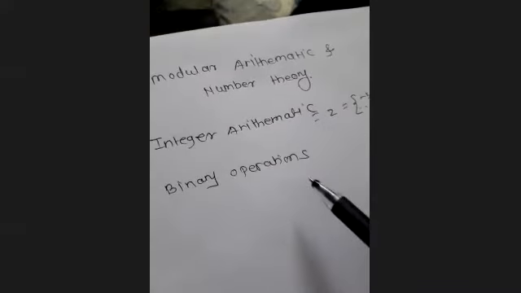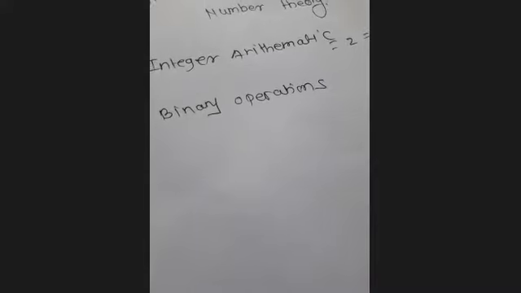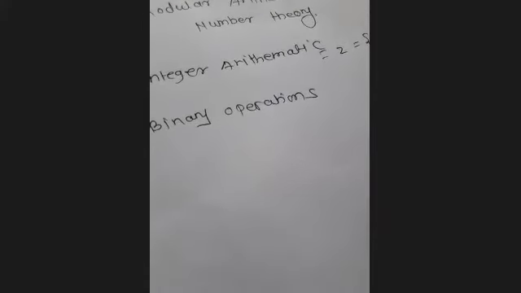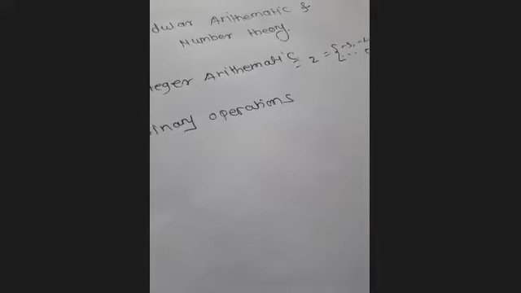What is a binary operation? In cryptography, different binary operations will be used on the set of your integer values. Among all the operations, the most widely used basic operations are addition, subtraction, and multiplication.